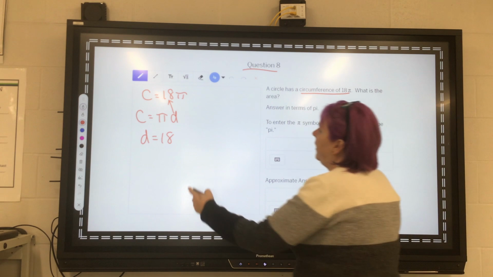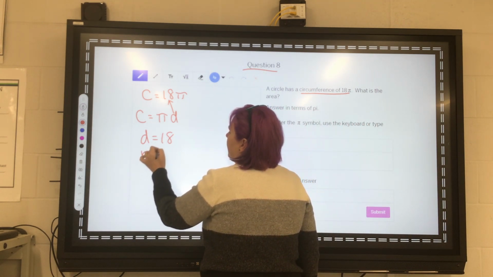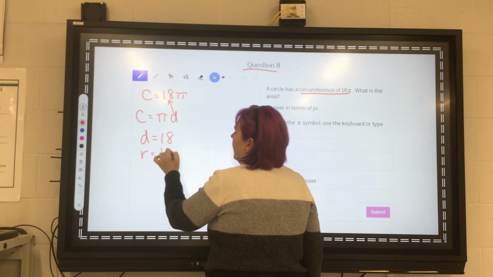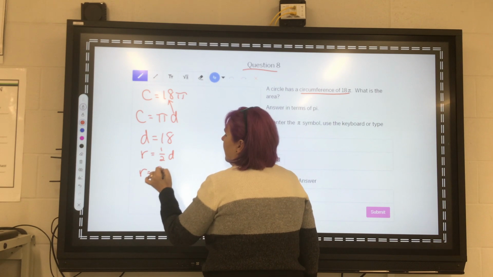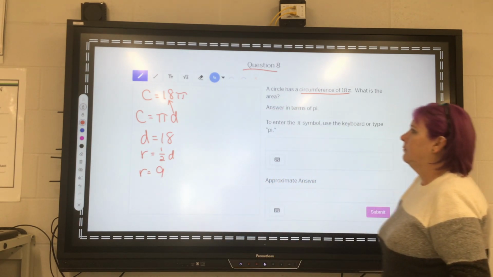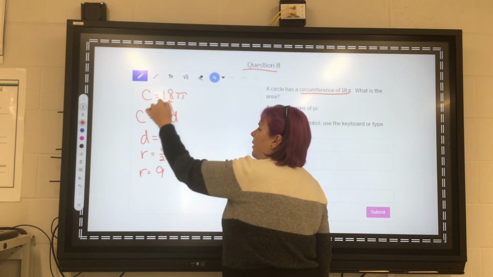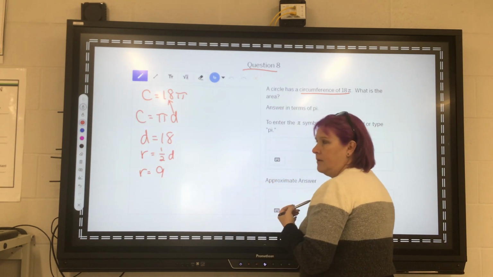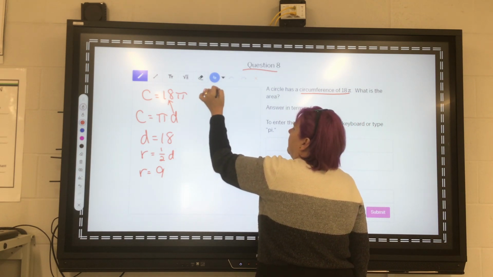Once again, I need radius for area, so my radius is half of my diameter. So my radius is 9. I have to do just a little bit more work to get my radius. And now I can plug in my formula.